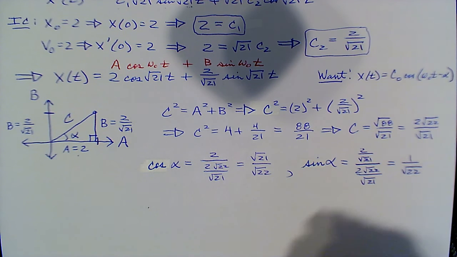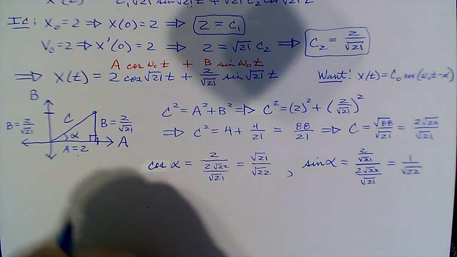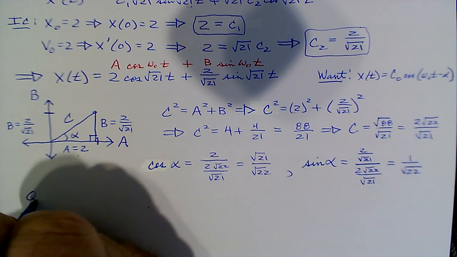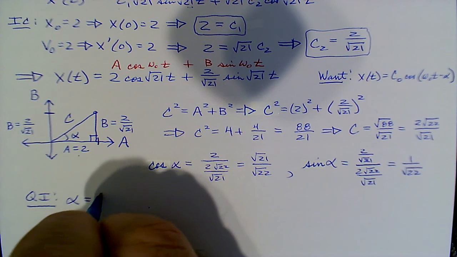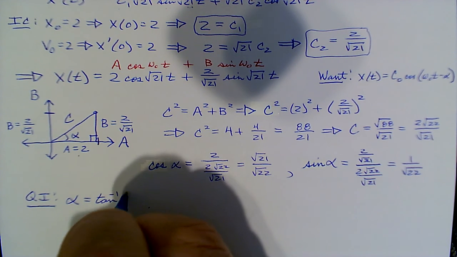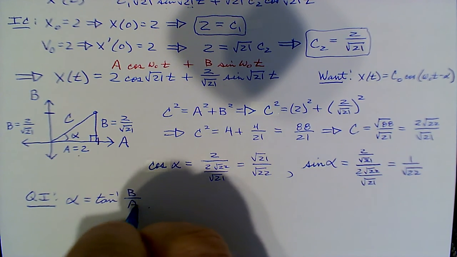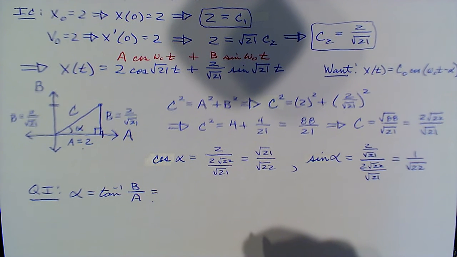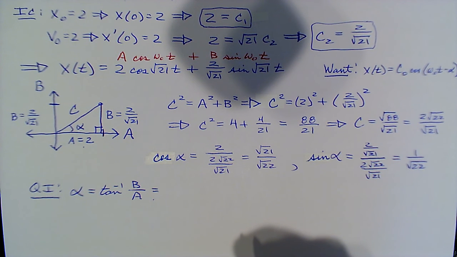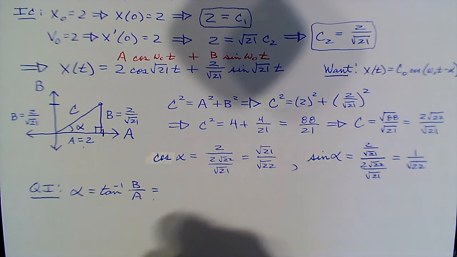Okay, and I'd like to find alpha as well. And because we're in quadrant 1, alpha is just going to be the inverse tangent of b over a. So you don't have to worry about subtracting the angle or adding the angle to anything, because you're not in a different quadrant.